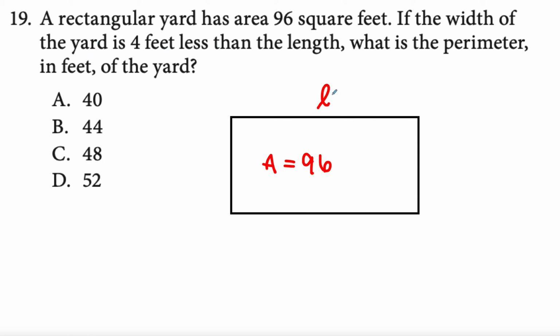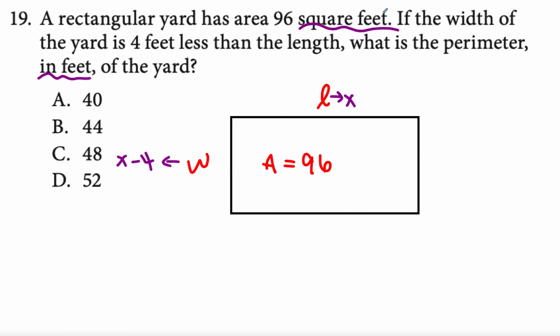So if I call this one length, and then call this one width, what I can say is, if I call this one x, then this one will be what? X minus 4, because 4 feet less. And then the question is, what is the perimeter in feet of the yard, right?